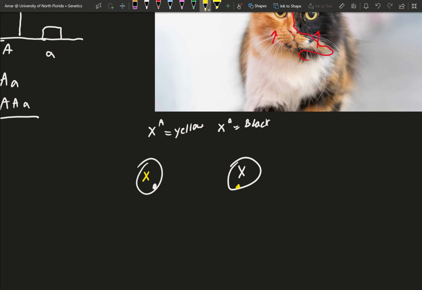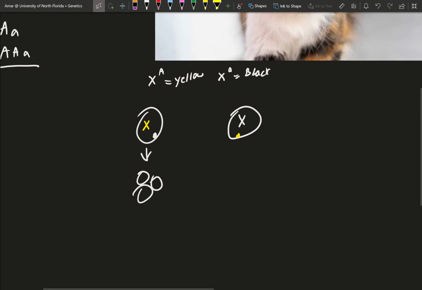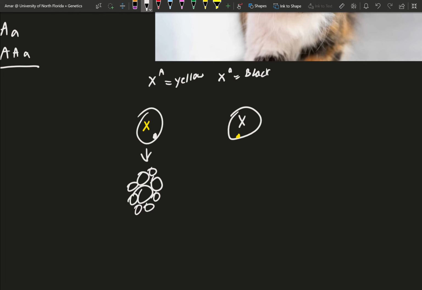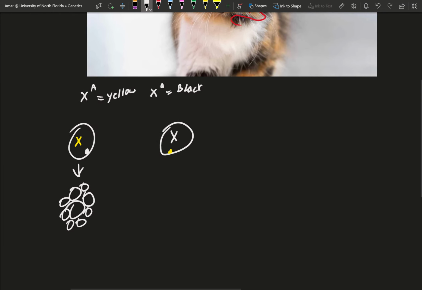So what's going to happen is all of your cells from this point will retain that phenotype as they divide. All of these cells that come from this ancestral cell have the yellow phenotype because they've all inactivated the other X chromosome. And a similar thing happens over here as well, where all of these cells develop that phenotype. So that's essentially how calico cats get their phenotype.